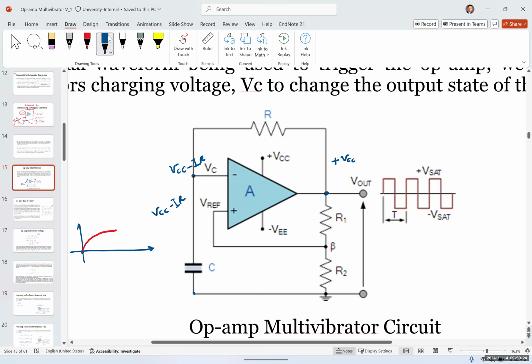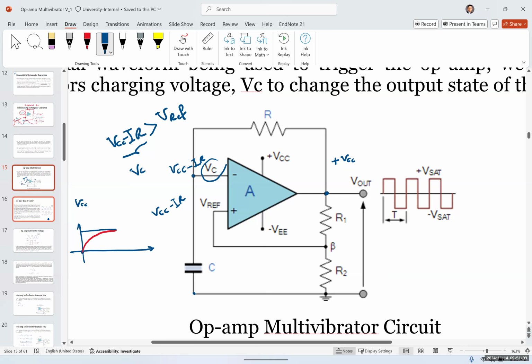But at some point, VCC minus IR, which is this small voltage here, would become greater than V reference. So it's slowly increasing until this VC, which is VCC minus IR, is greater than V reference.